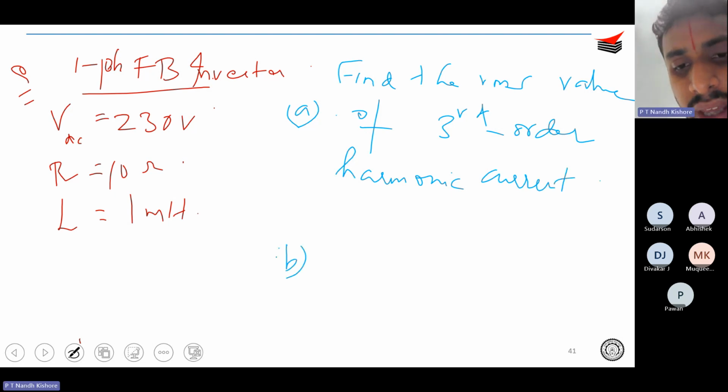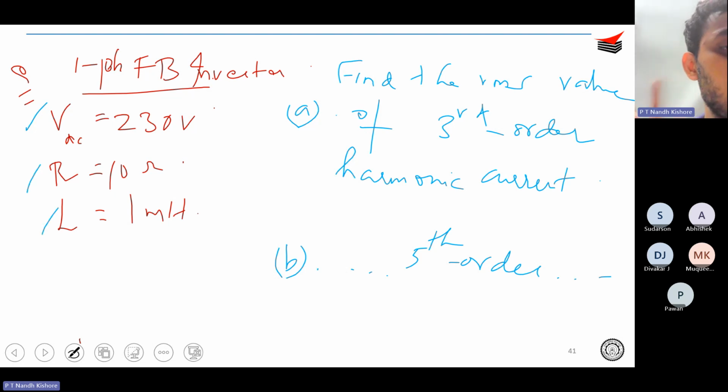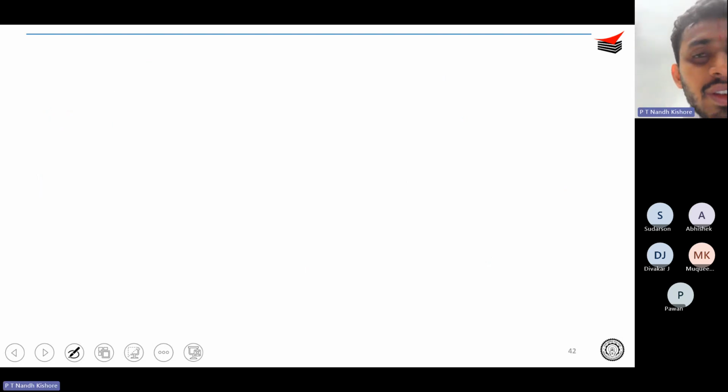And B is the same for fifth order harmonic current. Okay, got the question. So you just have a full bridge inverter. DC voltage is given, R is given, L is given. Find the RMS value of the third order harmonic current and the fifth order harmonic current. Okay, so how do we solve this?